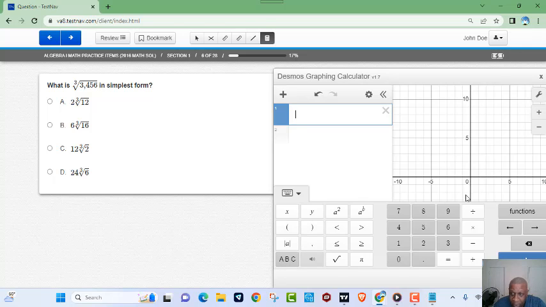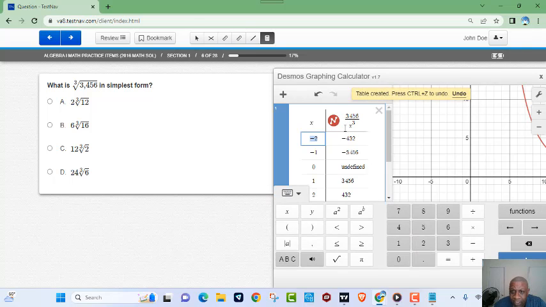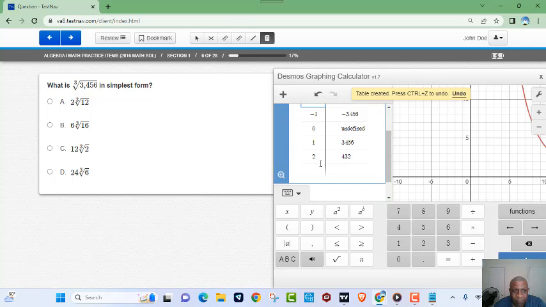Since we want a cube root, we're going to put in our division symbol, and put the 3,456 divided by x cubed. Then we're going to go to our gear icon, then our table icon, and take a look at the different answer choices that we have.